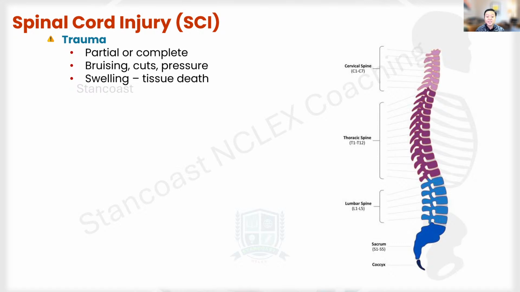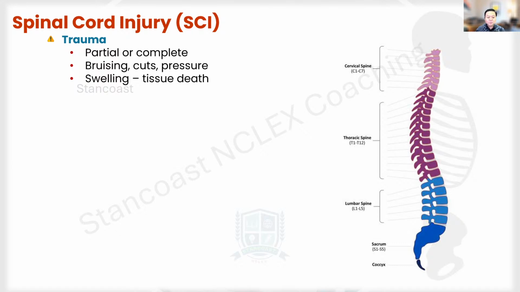They're eventually going to die because of poor blood flow and poor circulation to the spinal cord. Whenever there is a compression, let's say a significant injury to the vertebrae, then this can cause low blood supply to the spinal cord itself, which is going to lead to tissue death.